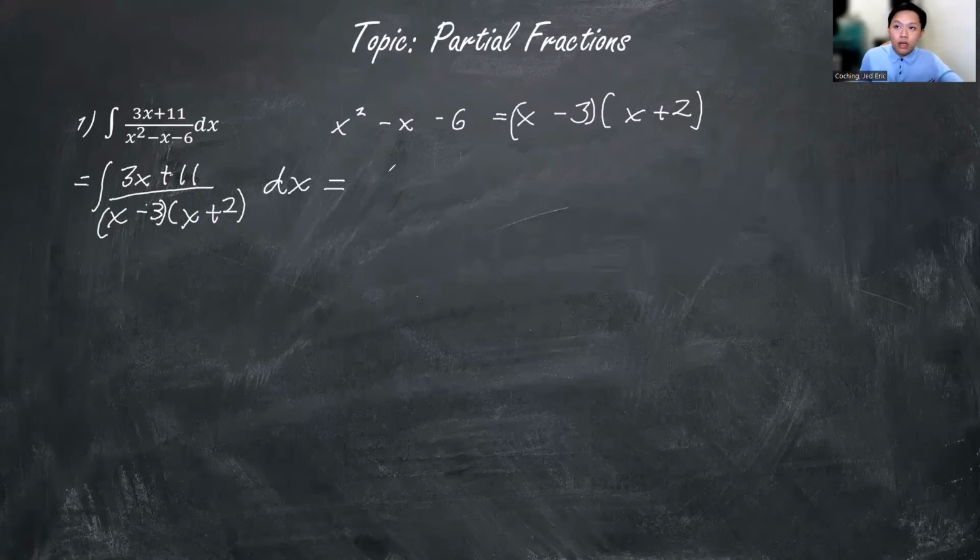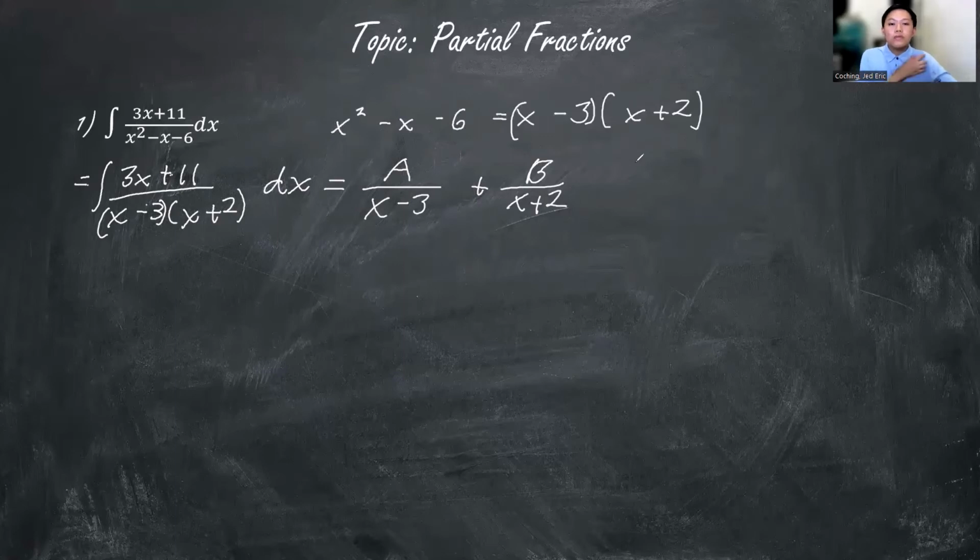Now, using the case 1 formula, we can write this as A divided by x minus 3 plus B over x plus 2.